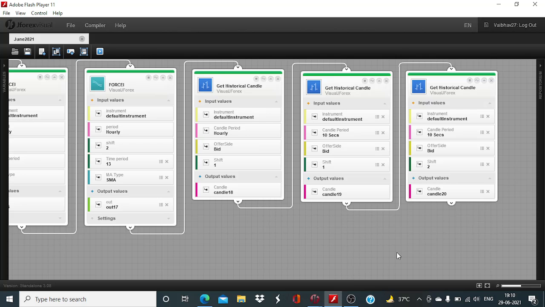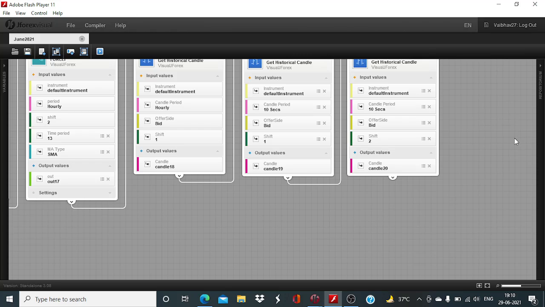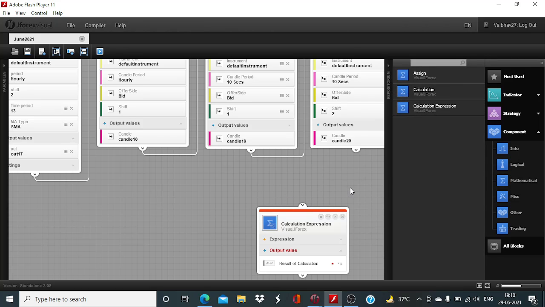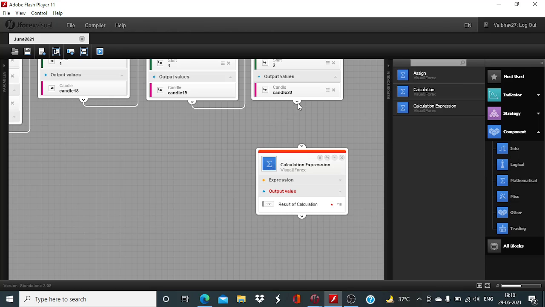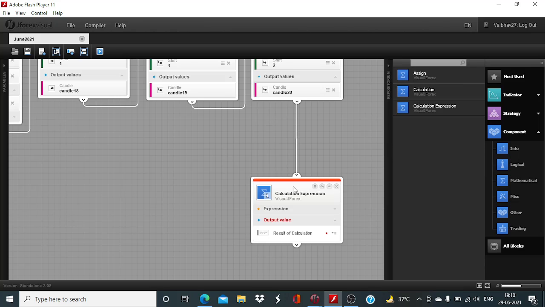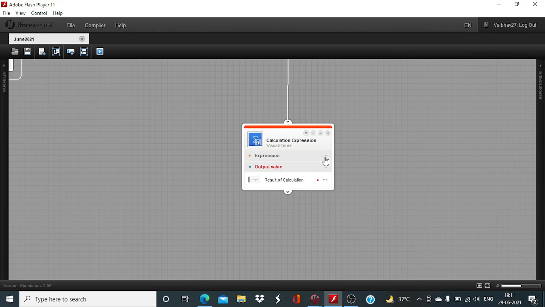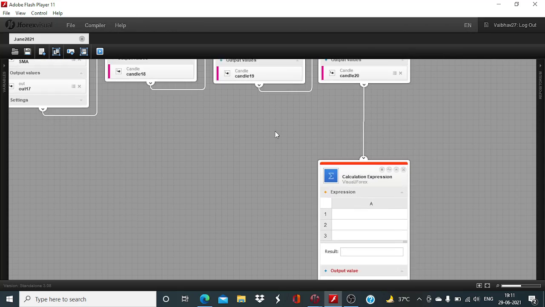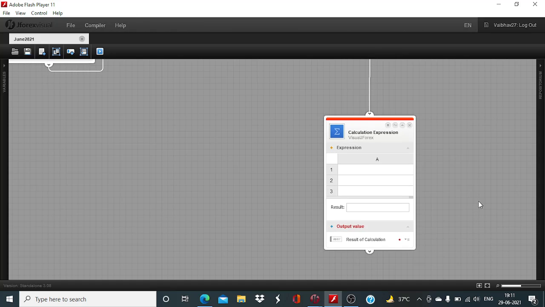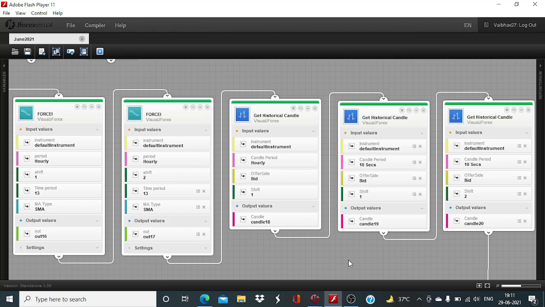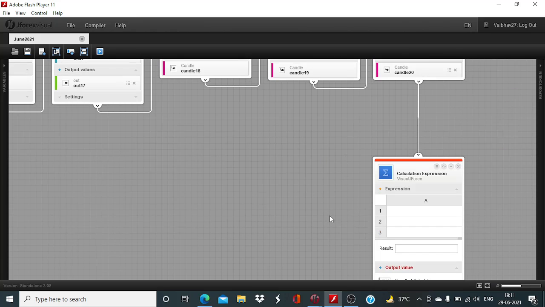Now let us get to the execution part. And first thing first, we will need to take a calculation expression block, mathematical component. And here we will take the last hourly candle, which is candle 18's closing and opening difference.